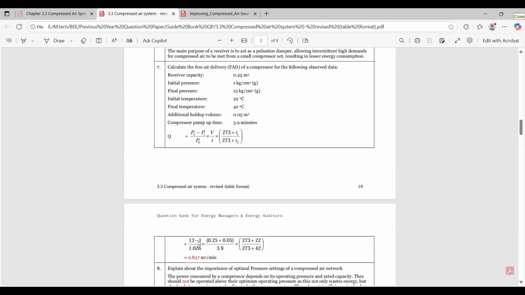Just a moment. 13 minus 1 only they have taken. Kg per cm square is absolute, so in absolute you have to take.